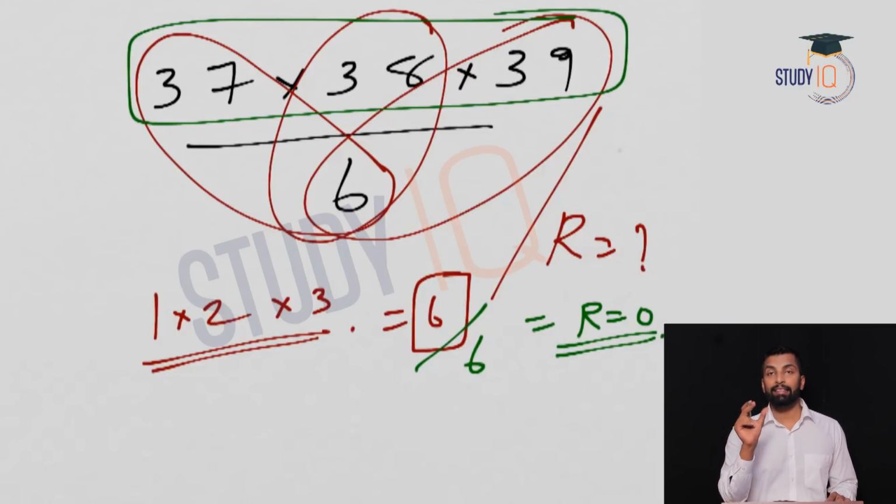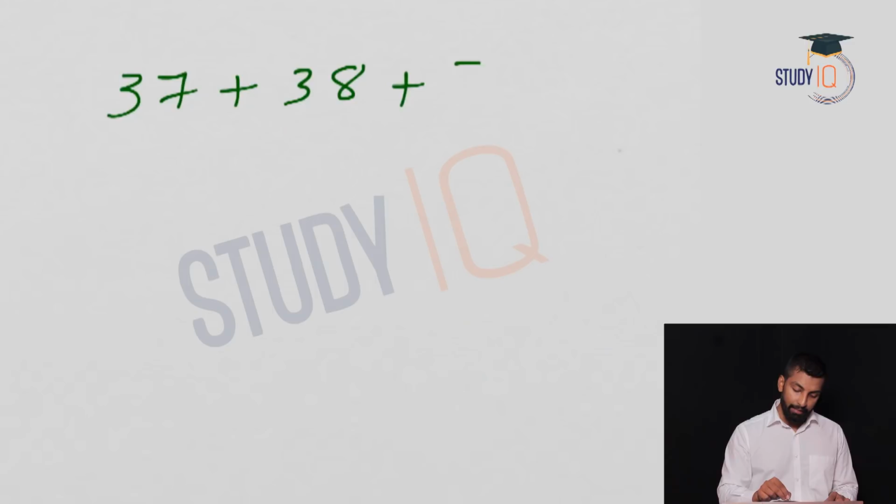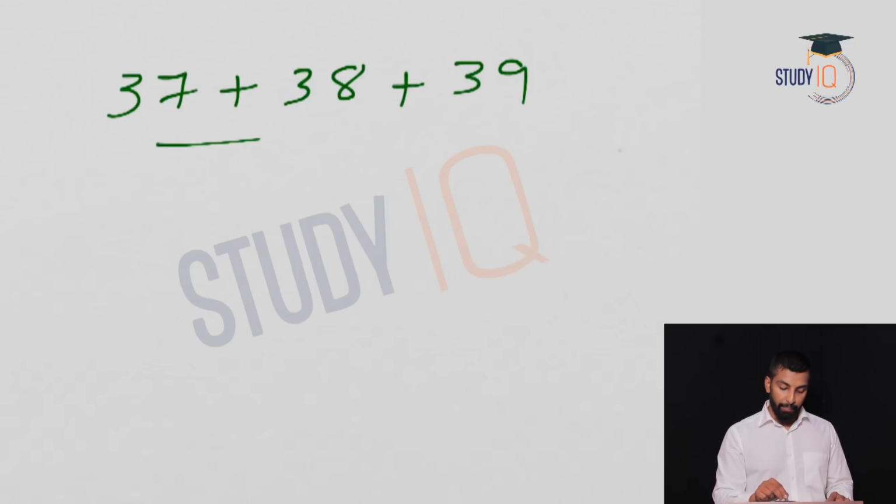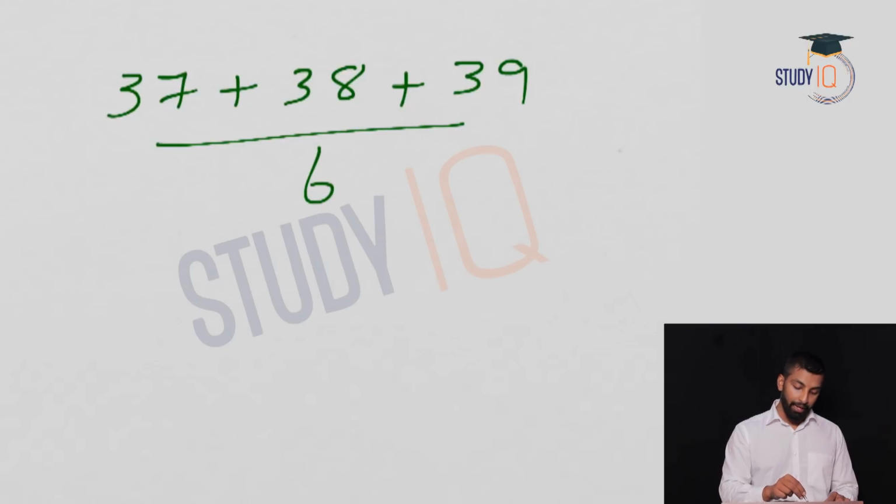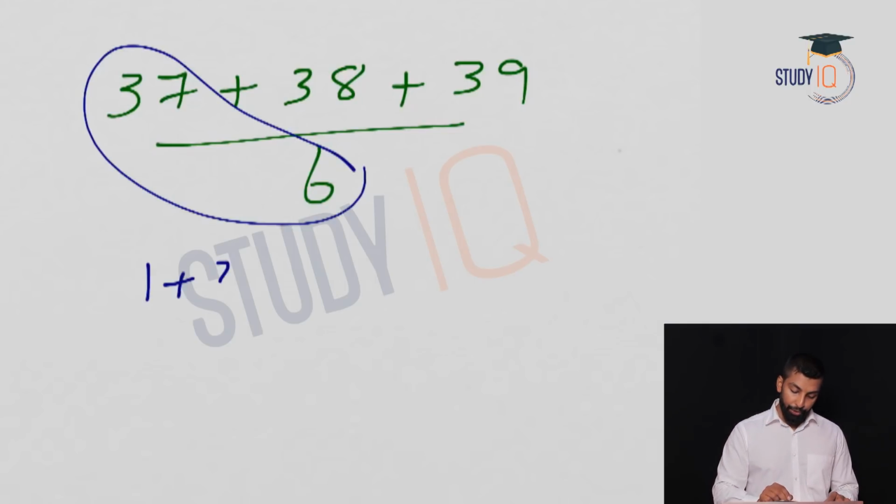Now instead of factorizing the numerator, suppose the numerator is a sum of some numbers, like the sum of 3 numbers or the sum of 4 numbers. Here you got a product of numbers, that's why we say factorized. So instead of the product of 3 numbers, if you were getting the sum of 3 numbers, let's take the same example but put plus instead of multiplication: 37 plus 38 plus 39, now divided by 6. Here also you take the individual remainders, and the actual remainder will be the sum of individual remainders: 1 plus 2 plus 3.